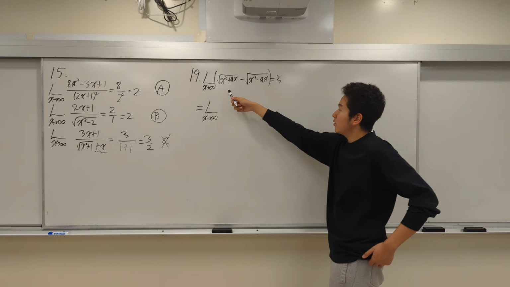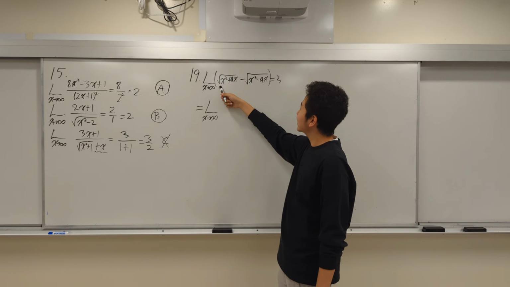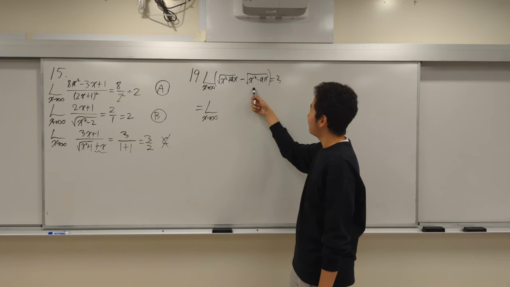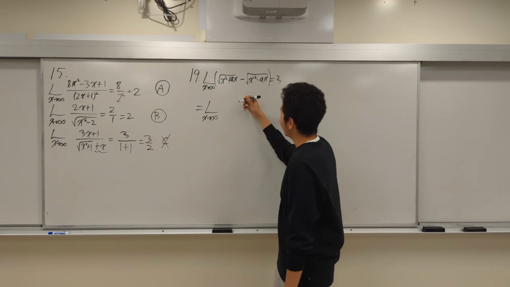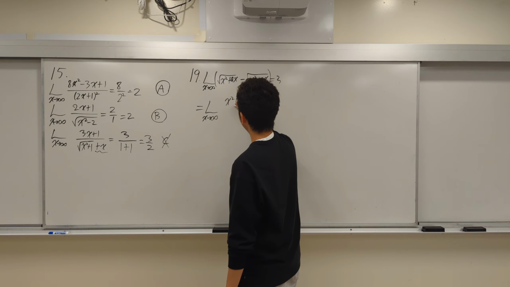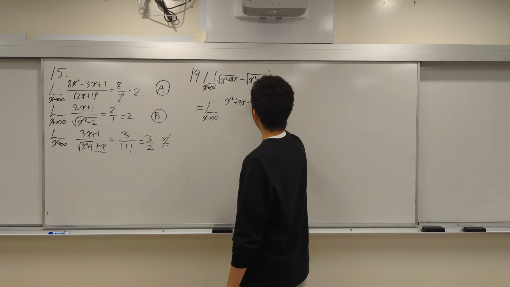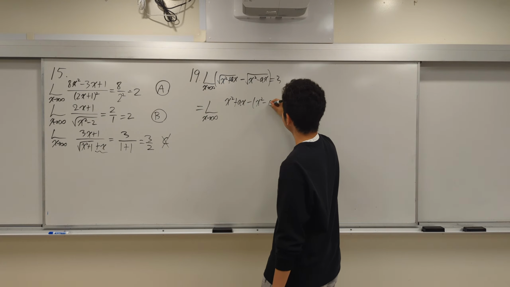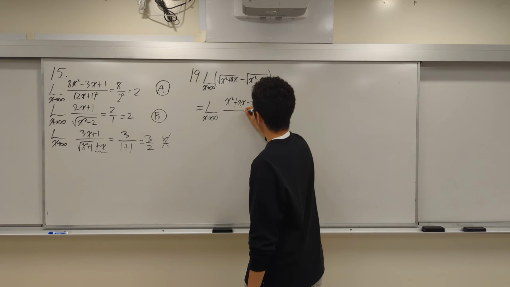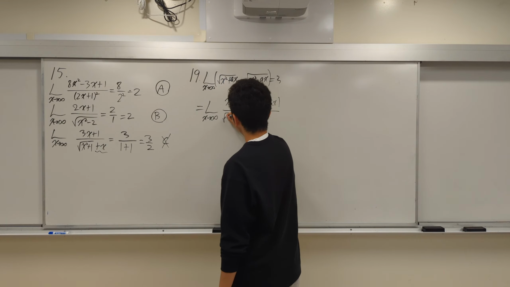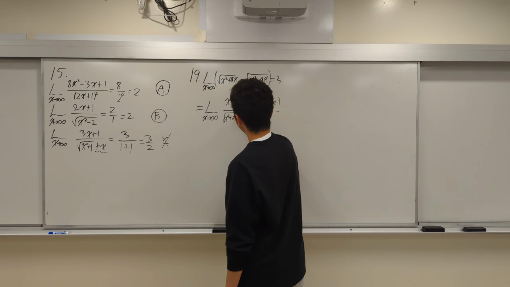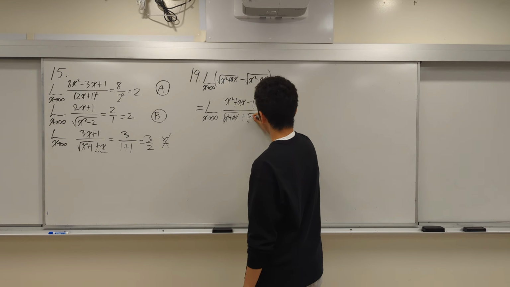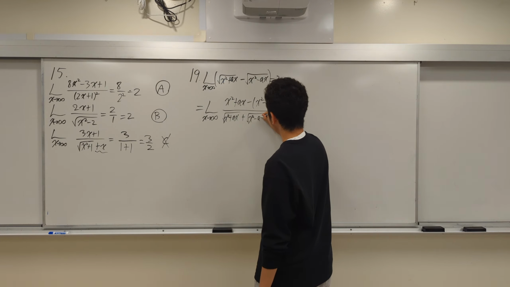Multiply the conjugate, then what does the numerator become? X squared plus ax minus x squared minus ax. So let's write that out for now. And then the denominator is square root of x squared plus ax plus square root of x squared minus ax.